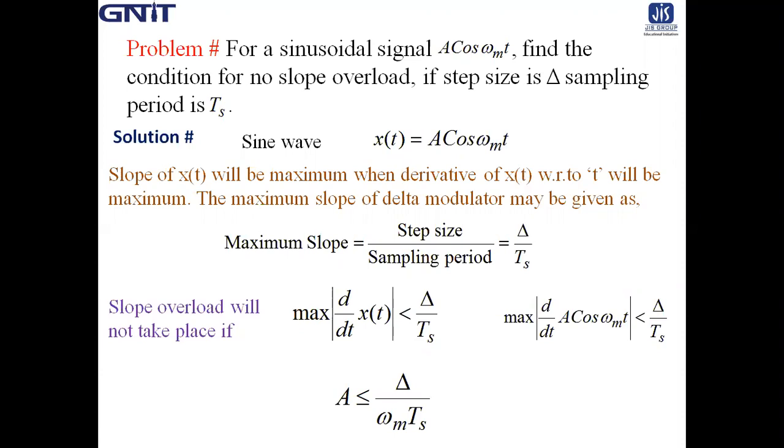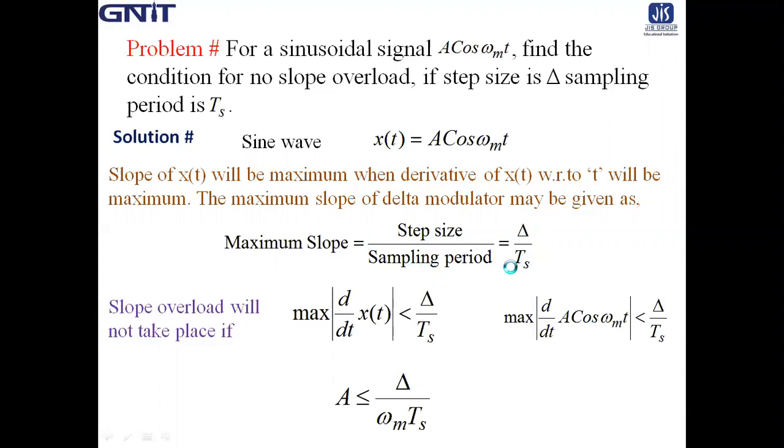The maximum slope of the delta modulator is step size by sampling period, which is delta by Ts.